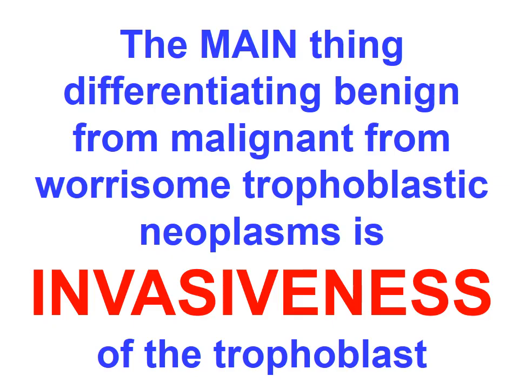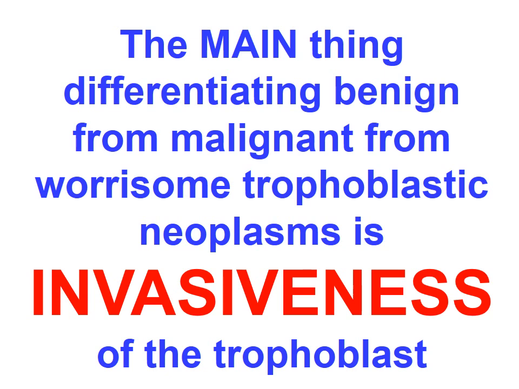Now, the main thing that differentiates benign tumors from the malignant trophoblastic neoplasm is invasiveness of the trophoblast. So, if the trophoblast shows invasive features or it invades, it's malignant. Choriocarcinoma, even before getting diagnosed, invades through vascular invasion into the lung or different other structures.